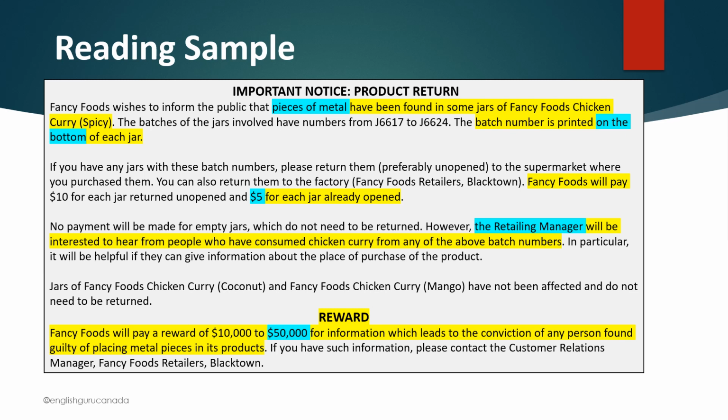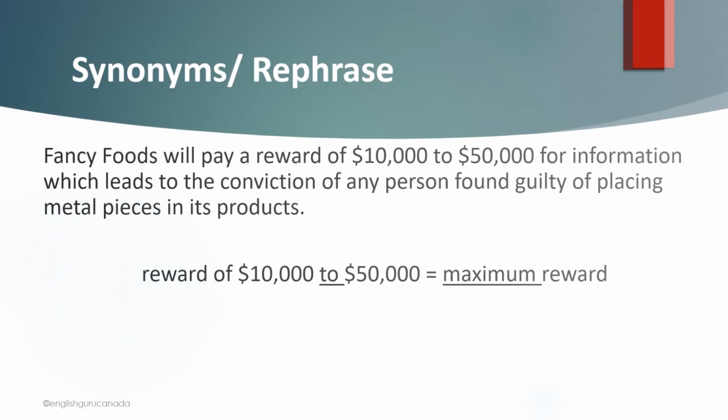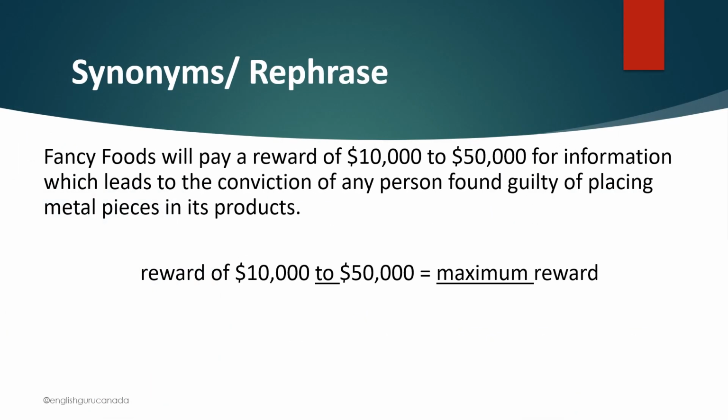Now again, this is not exactly the same wording as it is in the question. So reward of $10,000 to $50,000 is equal to maximum reward. So 2 would be equal to the word maximum.